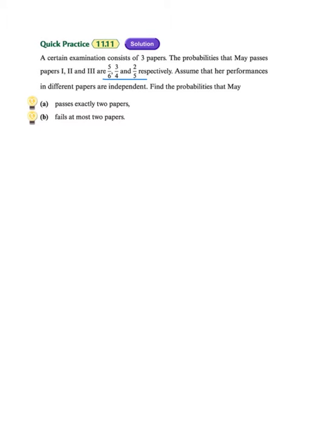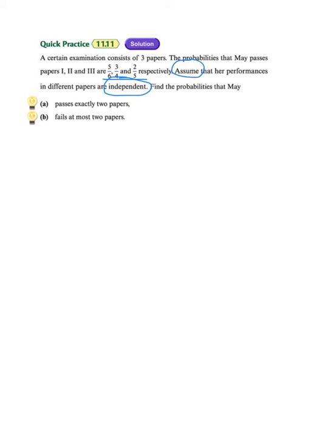Assuming that her performance in different papers is independent, as mentioned before, you can assume those events are independent sometimes, because you know that they might have some dependency.